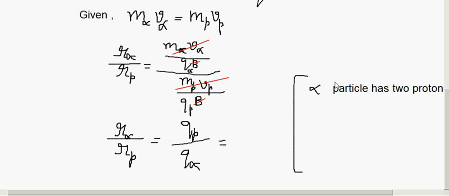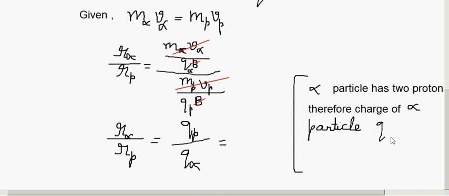Therefore, if I take the charge of the proton as e, the alpha particle charge is 2e.